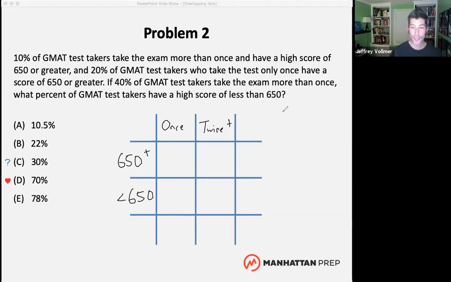And now don't forget your totals, right? Totals add left to right, add top to bottom. And that means my overall total should be here. Well, that's a little interesting because I actually don't know how many test takers there are. It doesn't tell me there's 240 animals on the farm. It doesn't tell me exactly how many test takers there are. So what should I write in the total box here? Question mark?